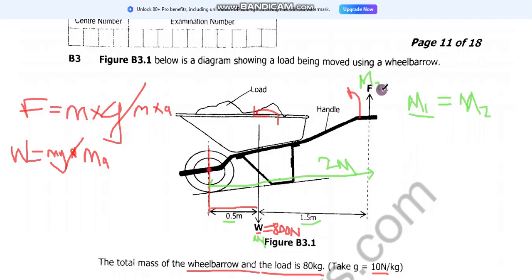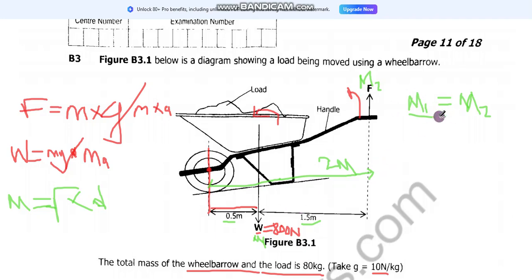So therefore, how do we find the moment? Generally we simply say moment is equal to force times distance moved in the same direction, force times distance which is perpendicular to the force. So the force must be perpendicular to the distance, that is moment.